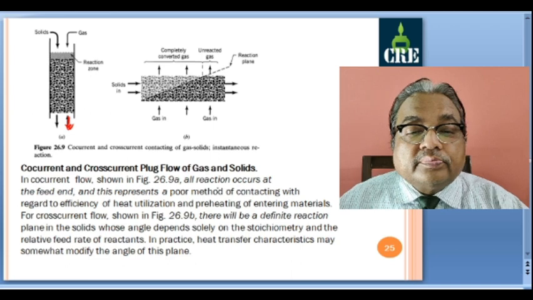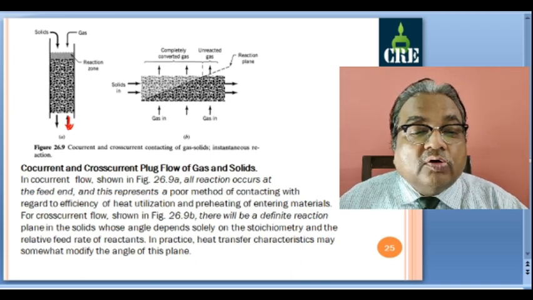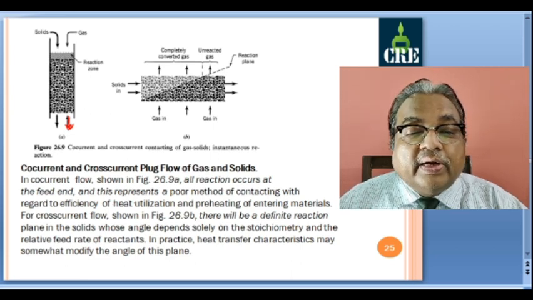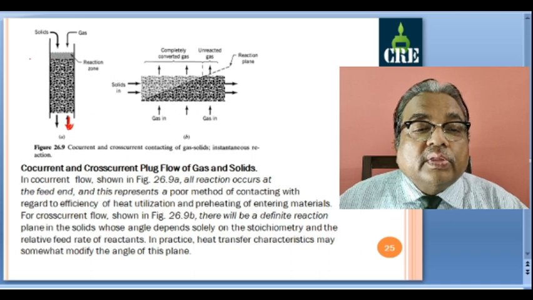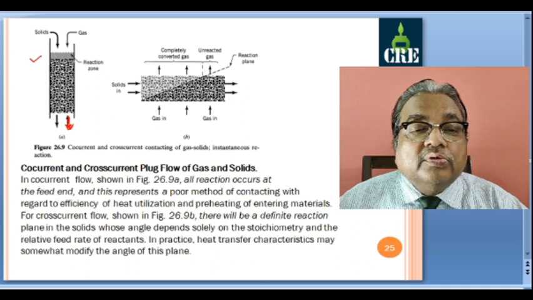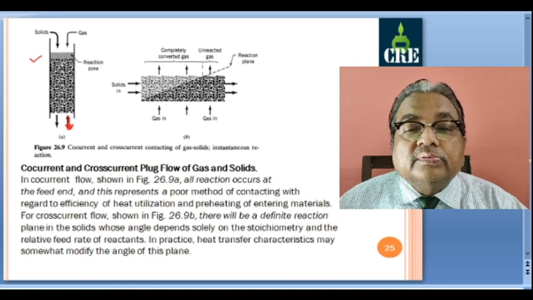So here all the reaction occurs at the feed end, and this represents a poor method of contacting with regard to efficiency of the heat utilization. So here the reaction zone is here, instantaneous reaction. As soon as both come into contact, it is consumed. Okay, so reaction zone is here.